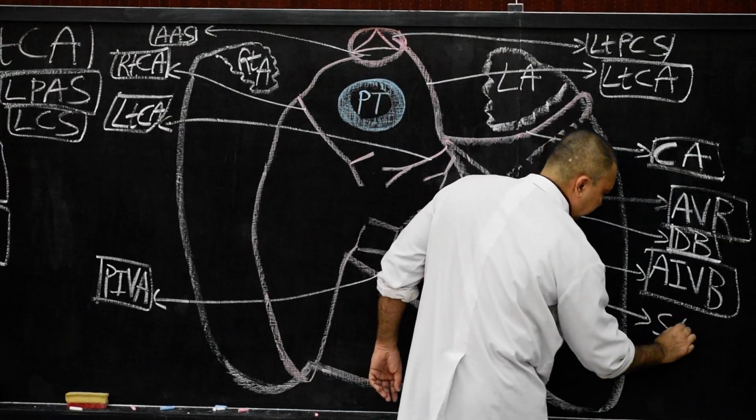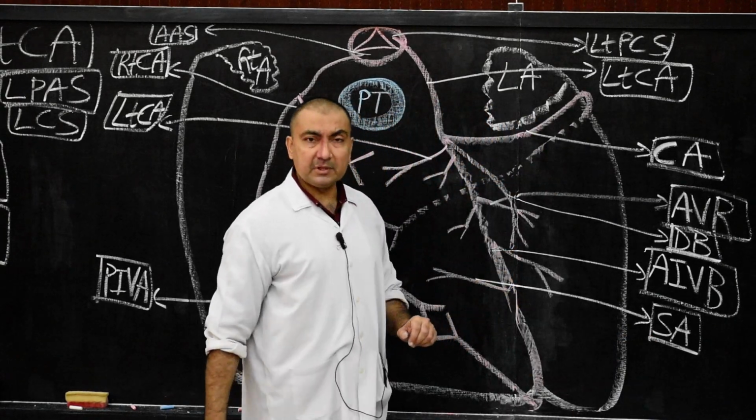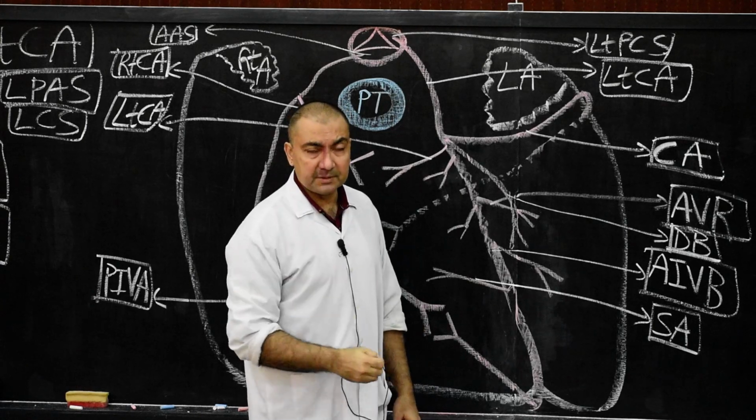So first I'll write down septal artery, septal branch. And what will it supply? This septal branch will supply the anterior superior 2/3 of the ventricular septum.